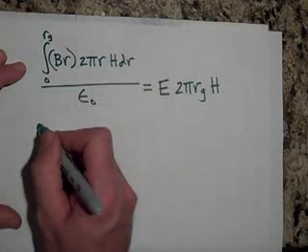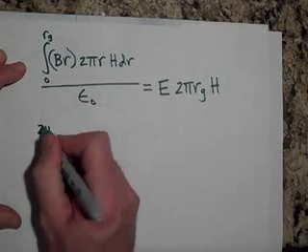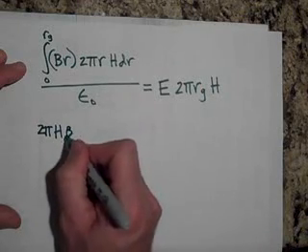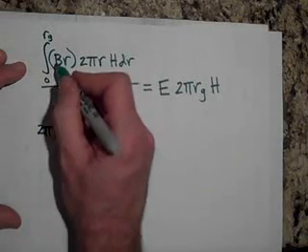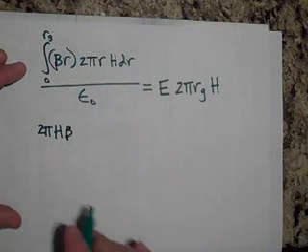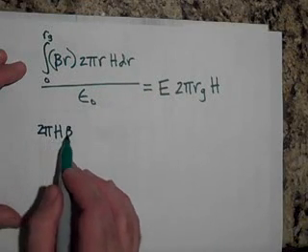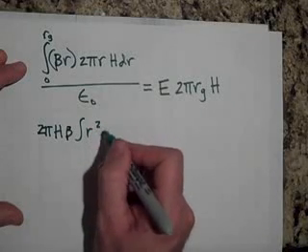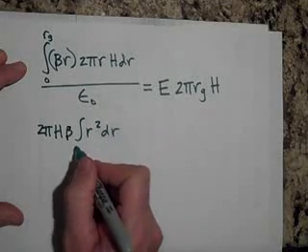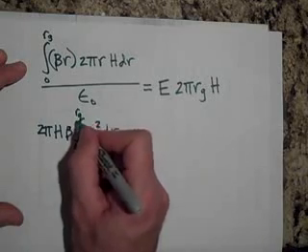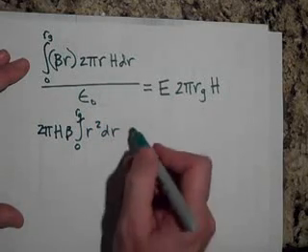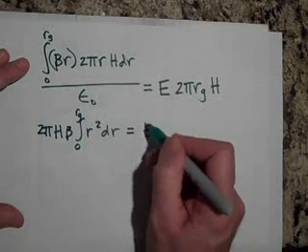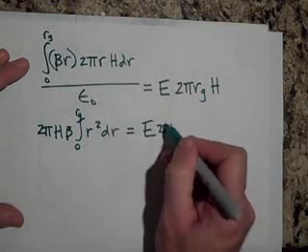So I have 2 pi h beta, I think I've been calling that b, but it's beta. So 2 pi h beta, and then r squared dr from 0 to rg. And I'll bring the epsilon naught over on the other side just to keep it even.